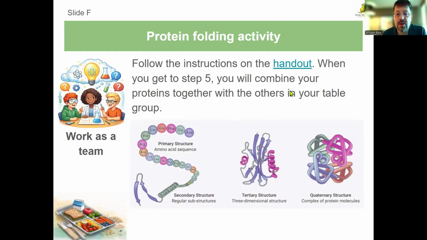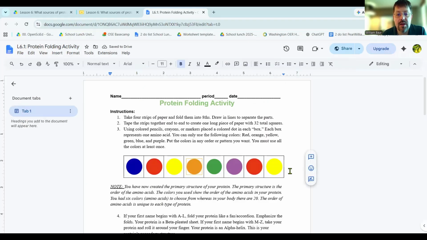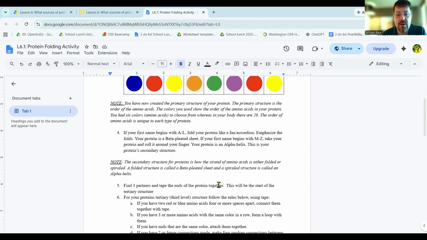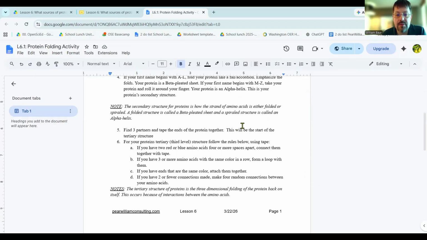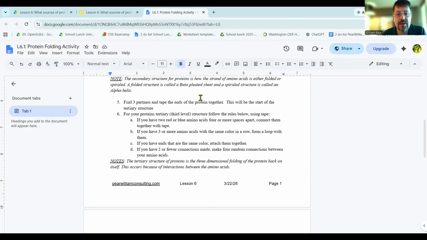So you'll have strips of paper, and students will color them in a different variety of colors, and then follow these instructions to fold it a certain way. Each step represents a step in the protein folding process, and then they'll combine their strips of paper with people in their group and see that the sequence of amino acids, what type of amino acid it is, determines whether they form a loop or are bonded together.